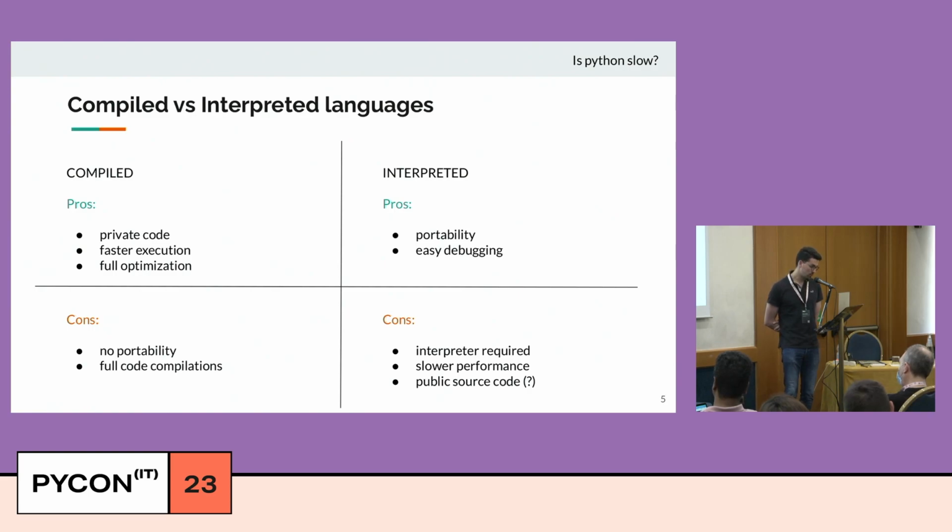All the cons listed here are, of course, the other side of the coin with respect to the compiled ones. One point is that they have slower performance in terms of overall execution and interpretation, and that's why we are here today.